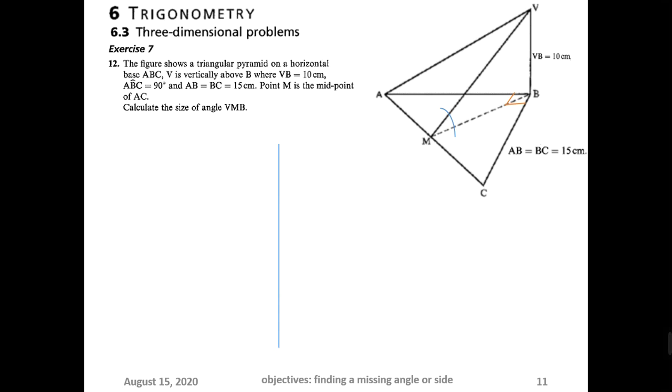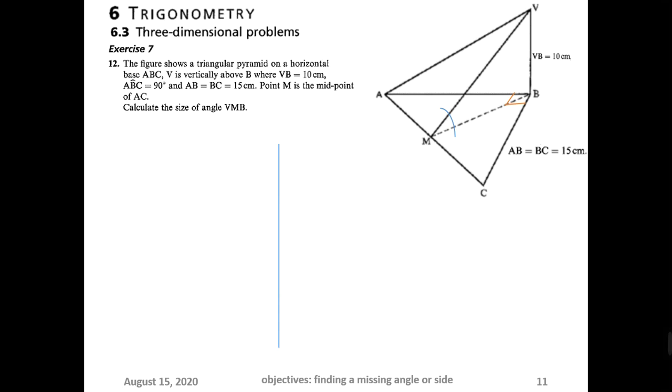Angle VMB is part of the sectional triangle VMB. One side is known, which is the opposite side to the unknown angle, so we must find the adjacent side, which is MB.